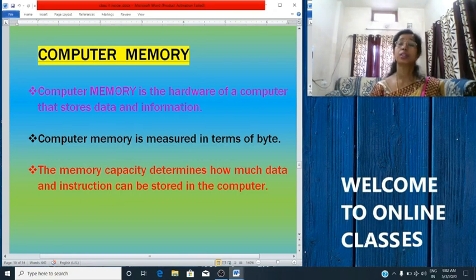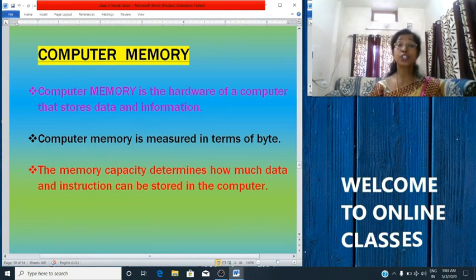Now, how does the computer remember the input you give to it? Where does the computer keep the files and folders that you have created? And where are the operating system and other software located? In fact, it is inside the computer.